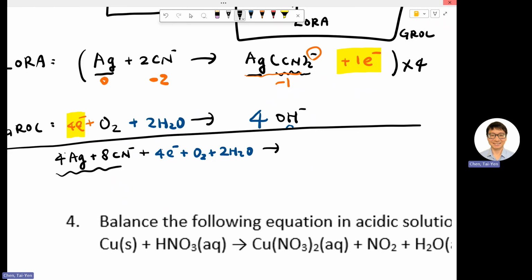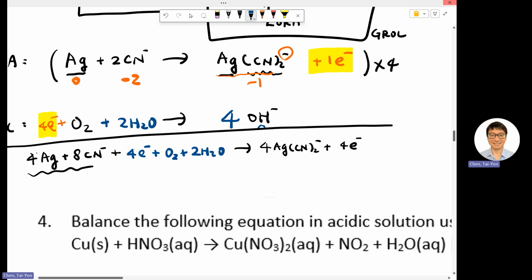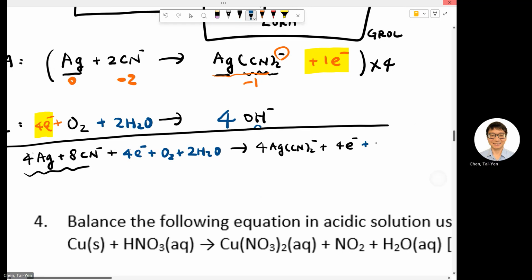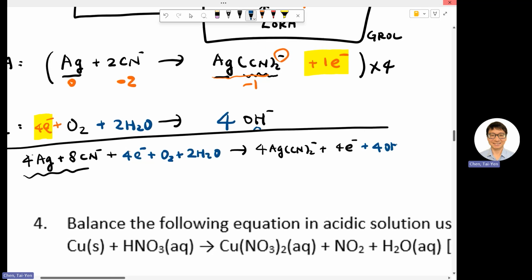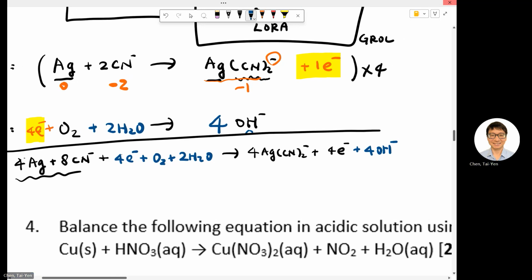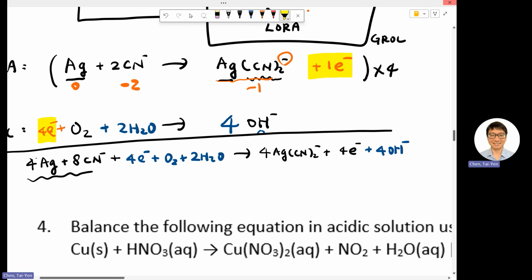On the product side, you're going to have 4 Ag(CN)2 minus plus 4 electrons. And then for your G-Rock, you have 4 OH minus. Once you write these things out, you can see that 4 electrons and 4 electrons will cancel out.